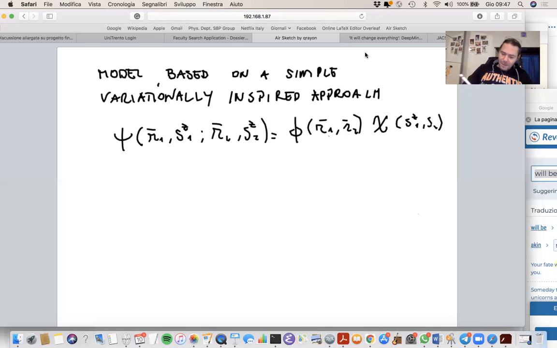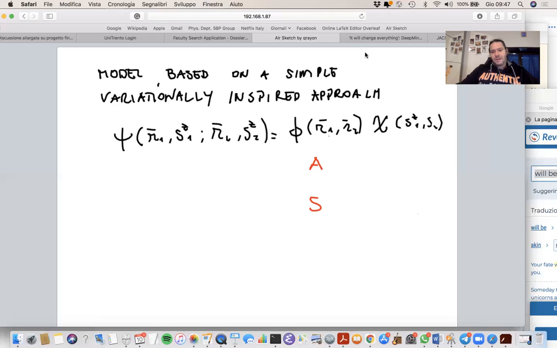The simplest possibility is that each of these functions, phi and chi, has its own symmetry. For instance, phi could be antisymmetric under exchange of 1 and 2, or symmetric. Likewise, chi could be symmetric or antisymmetric under exchange of 1 and 2.